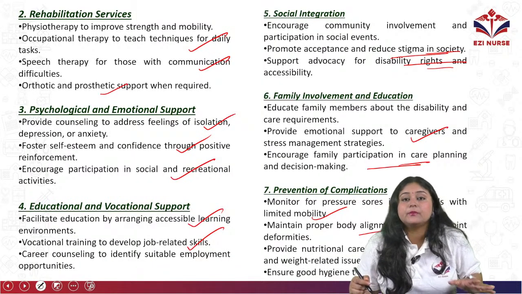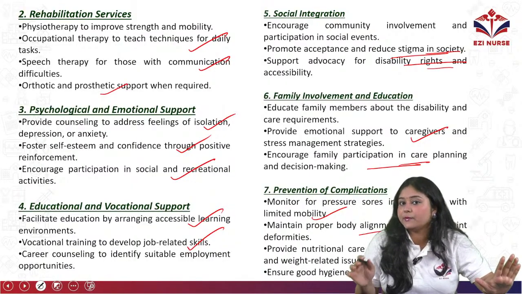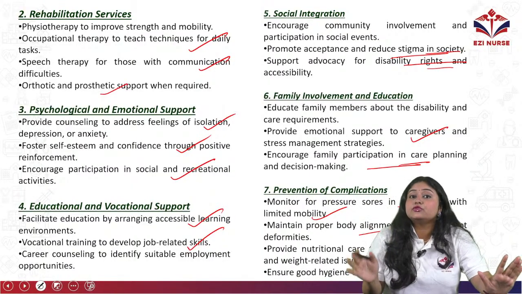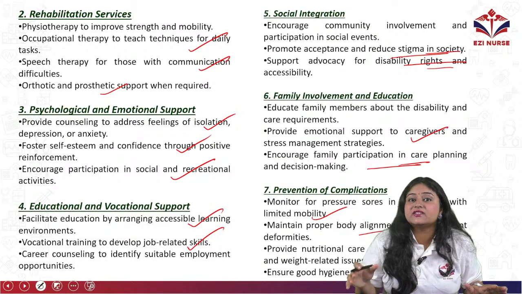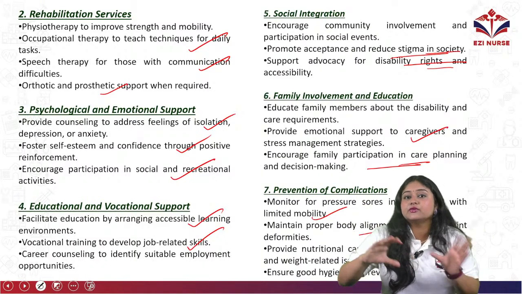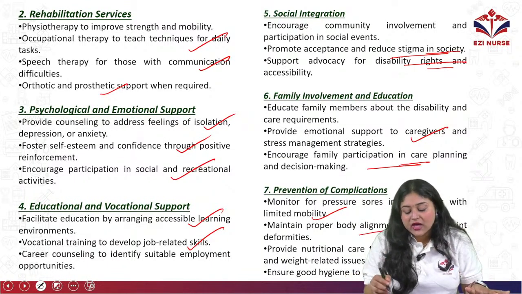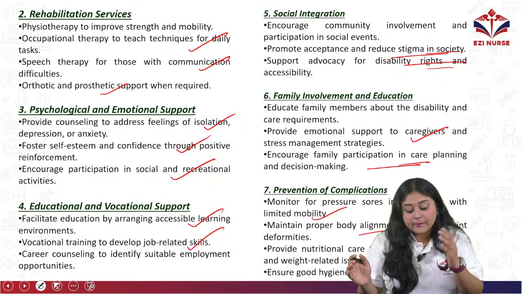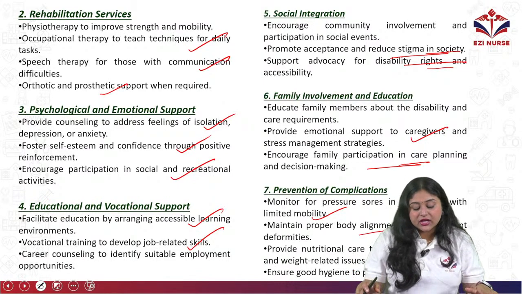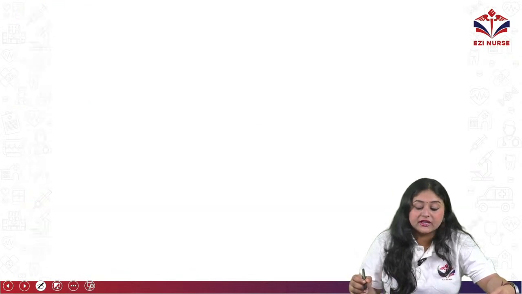Sometimes, based on the patient's comfort zone, we give the patient a particular position. But due to this, the joint structure can get restructured, from normal to abnormal, so these kinds of things we have to prevent. Next, we have to provide nutritional care, which mainly helps to prevent malnutrition as well as weight-related issues, and we also have to ensure good hygiene practice to prevent infection.